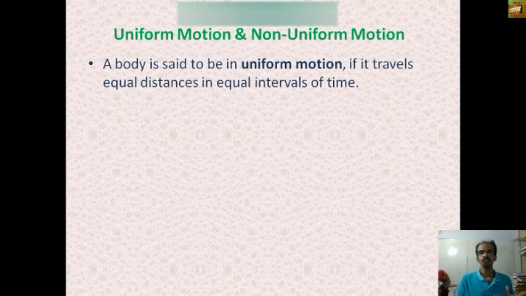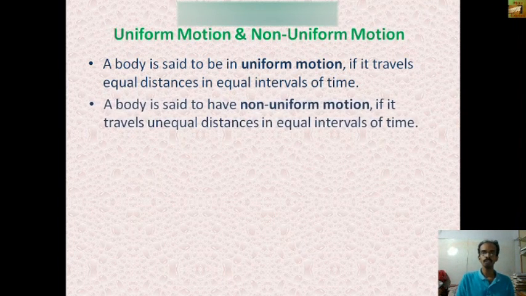Now we can see what we mean by uniform motion and non-uniform motion. A body is said to be in uniform motion if it travels equal distances in equal intervals of time. For example, if it travels 2 kilometers in 2 seconds and keeps on doing that, then it is said to be in uniform motion.